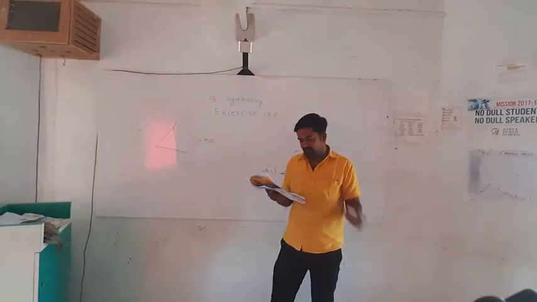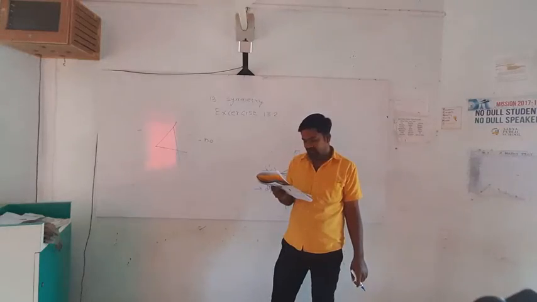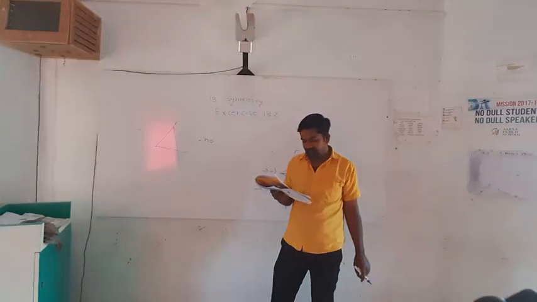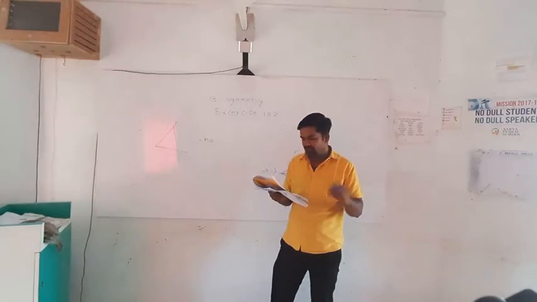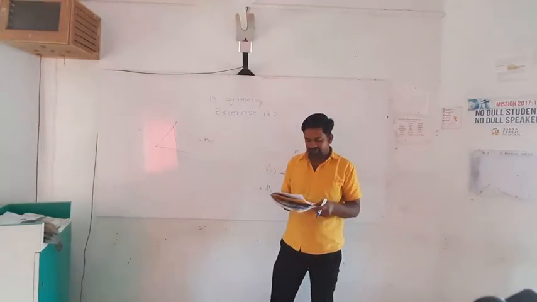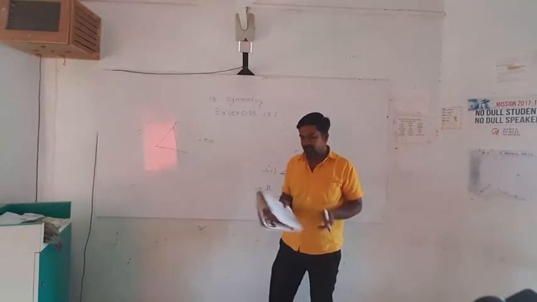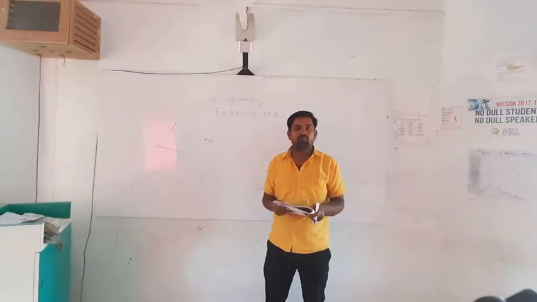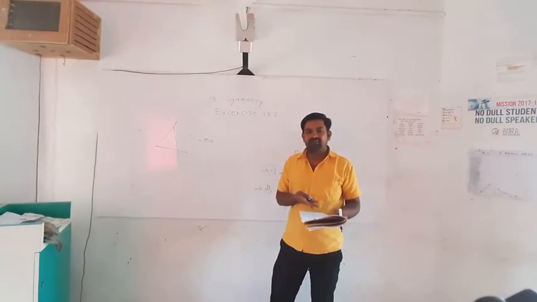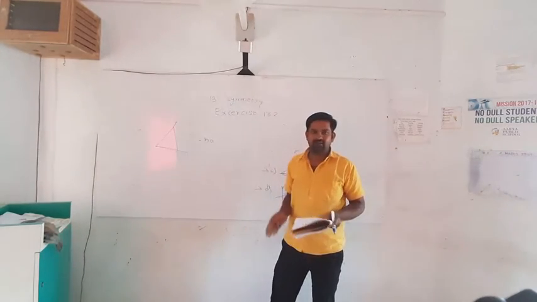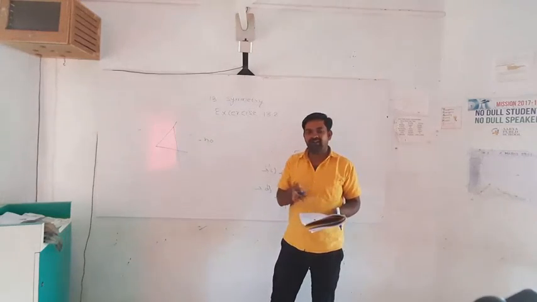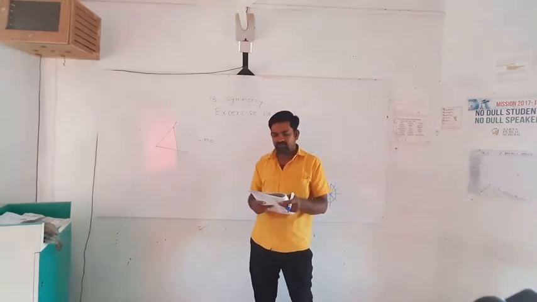Here B has 2 lines of symmetry, C has 1, 2, 3, 4 lines of symmetry. You can see this question is already over. See the figure and draw the lines of symmetry, vertical, horizontal or sliding. Any way you can complete it.